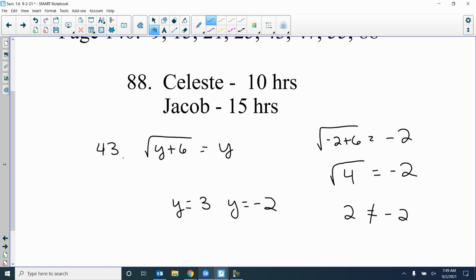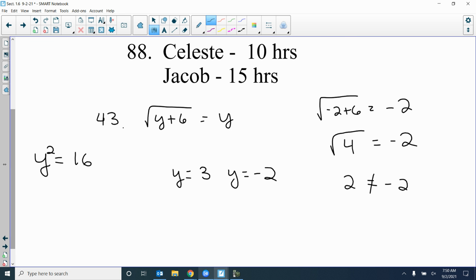All right, for that, if you got y squared equals 16, and we introduce the square root, now it's going to be plus or minus because you're squaring that y. And negative 4 squared is the same as 4 squared.